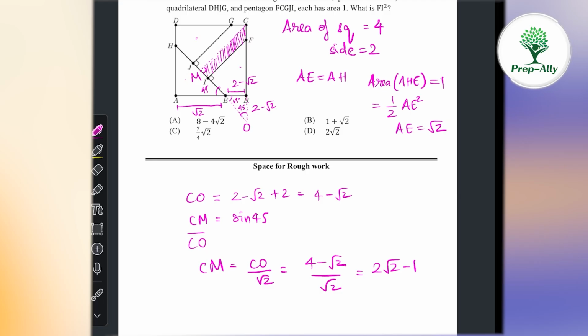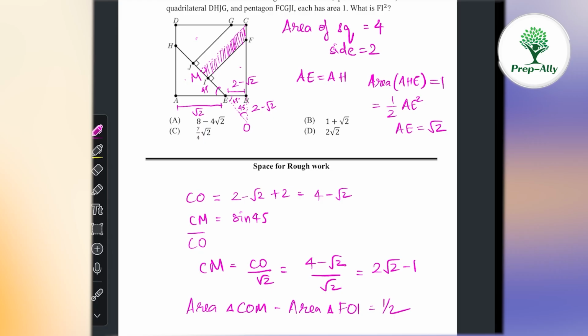And how can we get that area? That area is just this whole area, that is the area of triangle COM, minus this area of this triangle, that is area of triangle FOI, right? So area of triangle COM minus area of triangle FOI equals half.